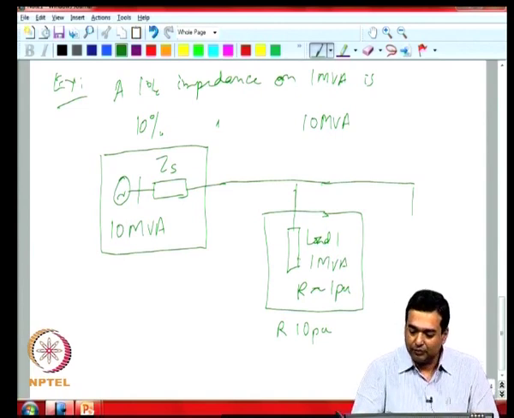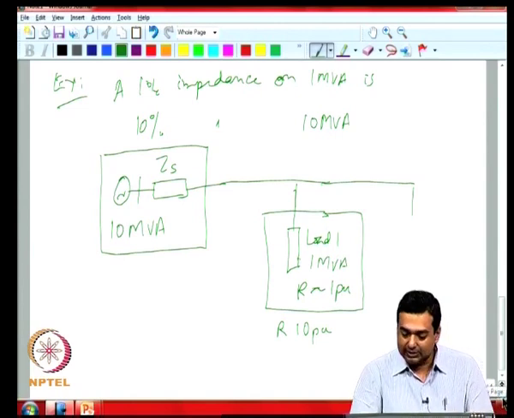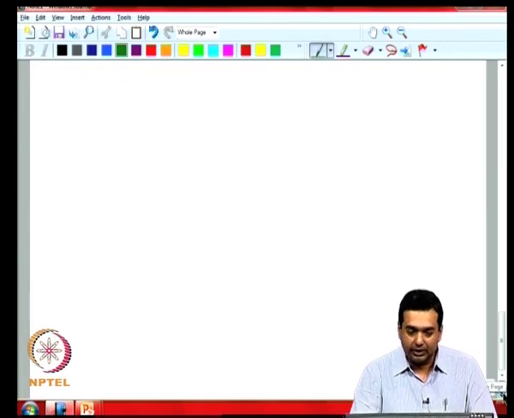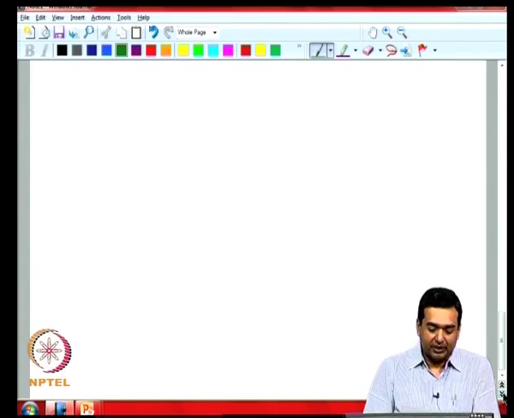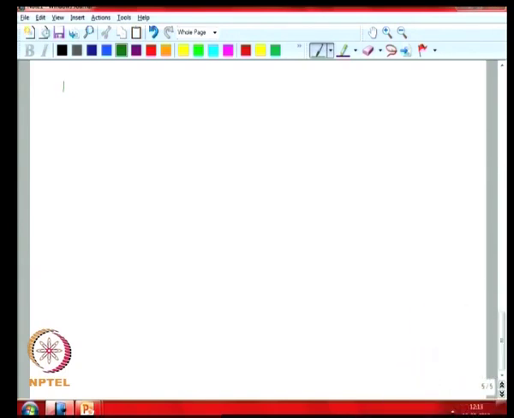Okay. If you look at another example, the implication of a change in voltage level. Say you have a load with a power level of 40 kilowatts, single phase, and you have two situations. Okay.